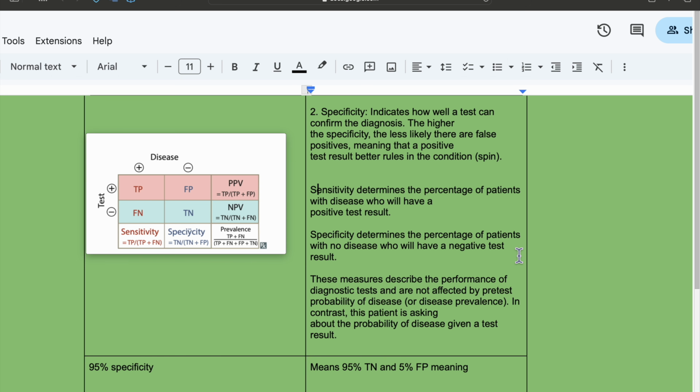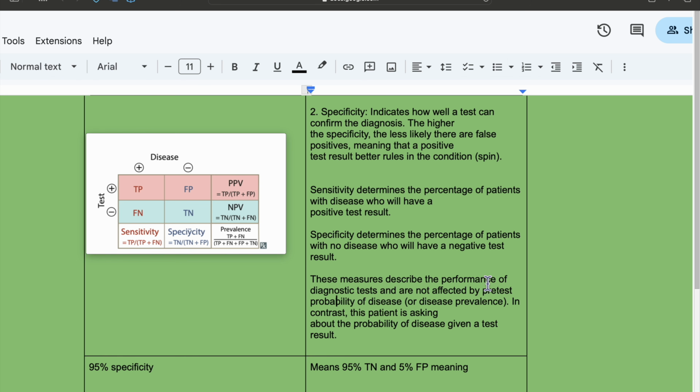Because just basically go to what the top numerator is, right? The TN is here, so true negative. So for specificity, it just talks about patients who don't have the disease and how often they will have a negative test, while sensitivity is about who has the disease and how often they'll have a positive test.